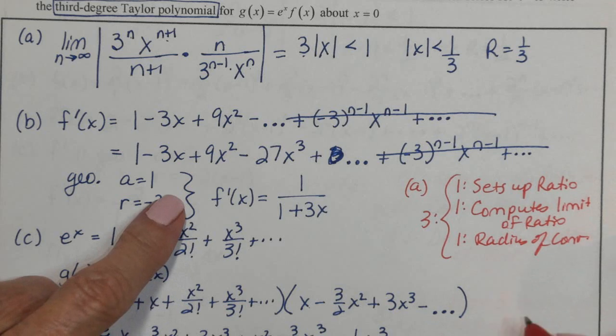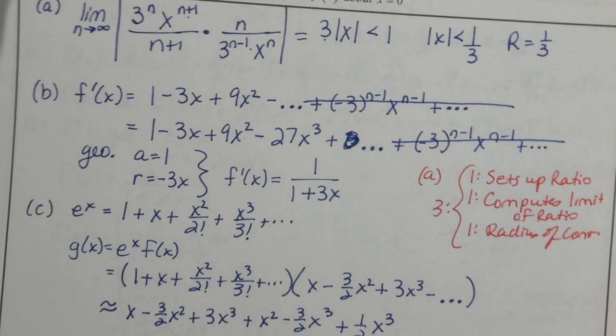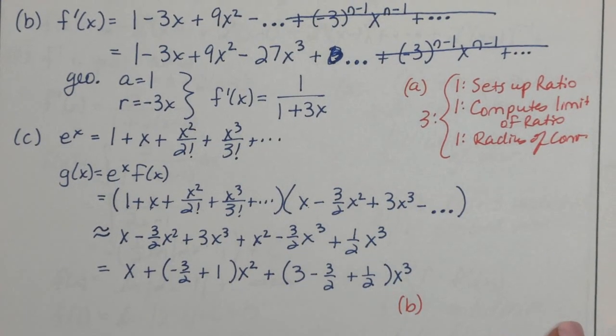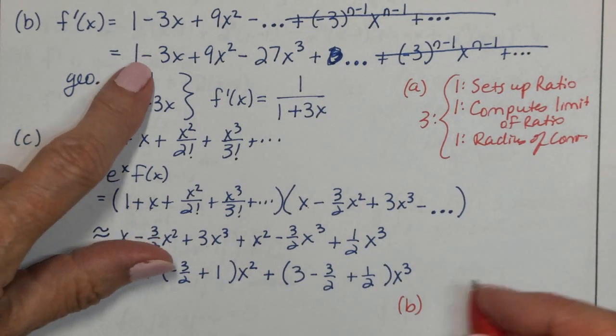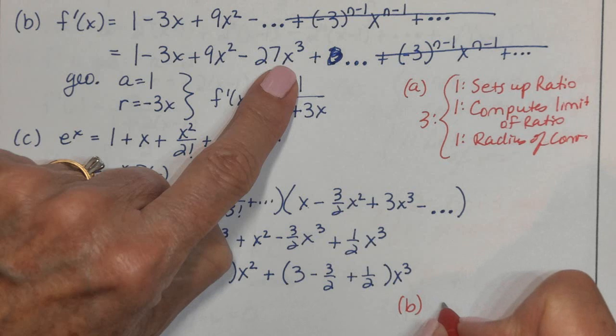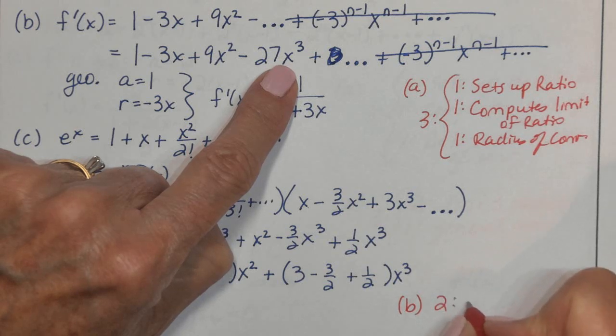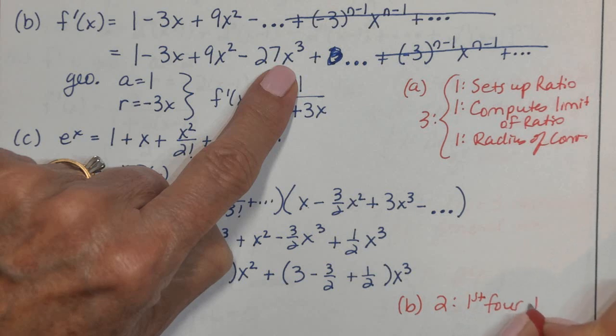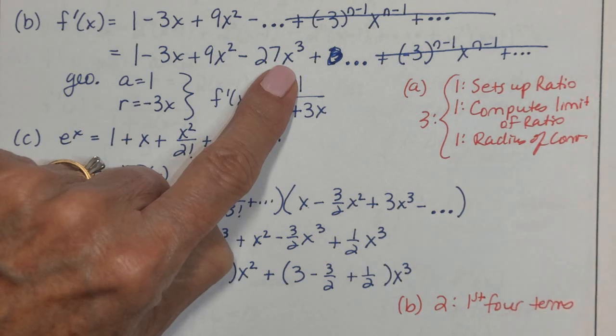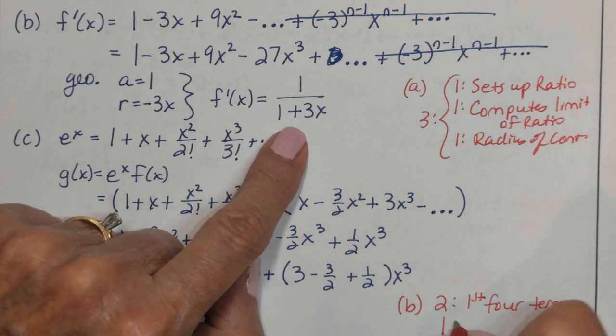Part B. 2 points were for the first 4 non-zero terms, and 1 point was for this rational function.